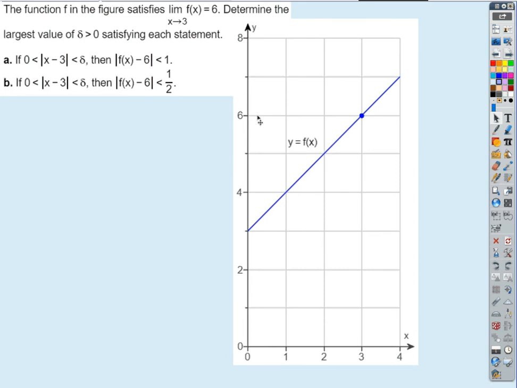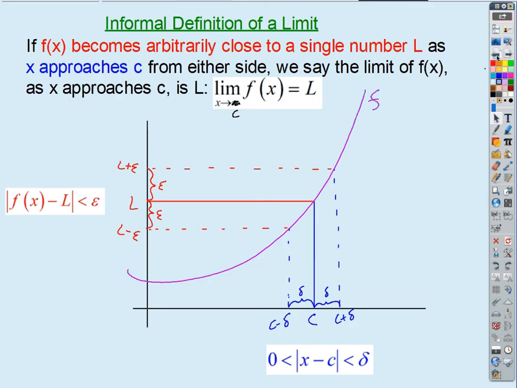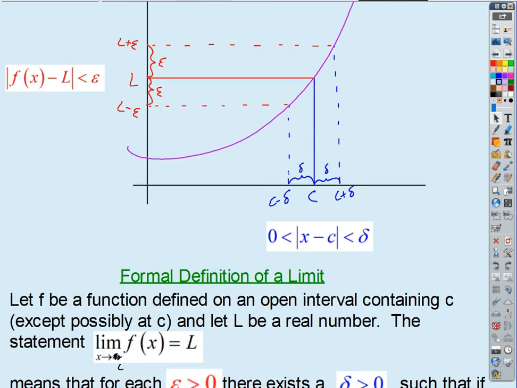Oh, I forgot to mention that too. You can answer this in a second here, but why is it that we say that the distance between f of x and our limit is just less than epsilon, but the distance between x and c in our neighborhood has to be greater than 0 and less than delta?